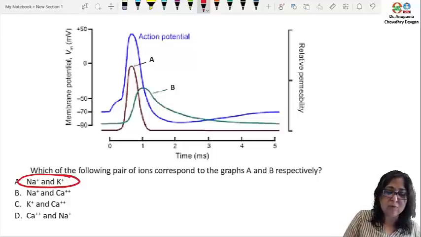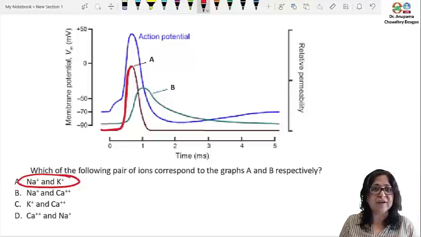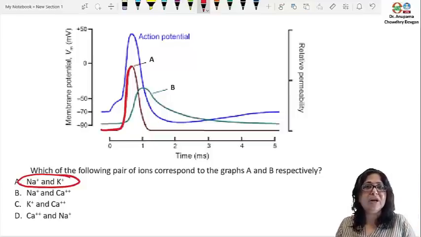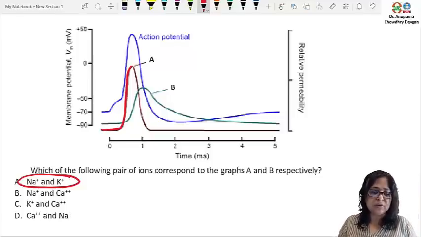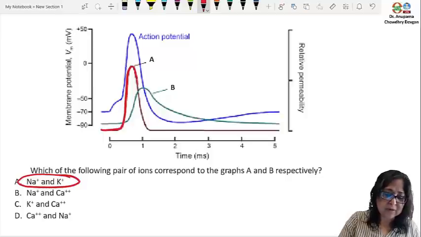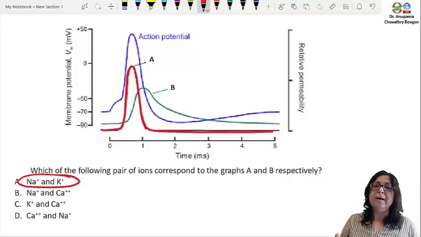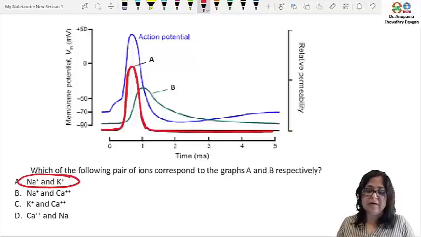So from almost zero conductance at rest, the membrane conductance for sodium shows a sharp increase, which is responsible for the depolarization phase. Then the sodium channels are fast channels, fast to open, fast to close. They very rapidly close, and the conductance for sodium decreases and becomes almost zero again.